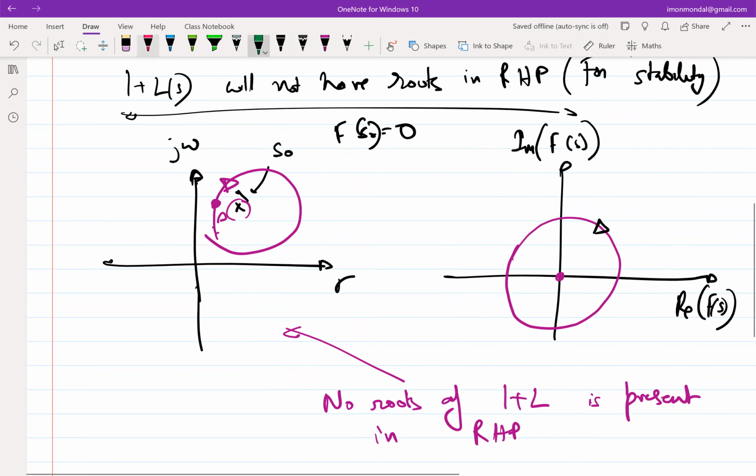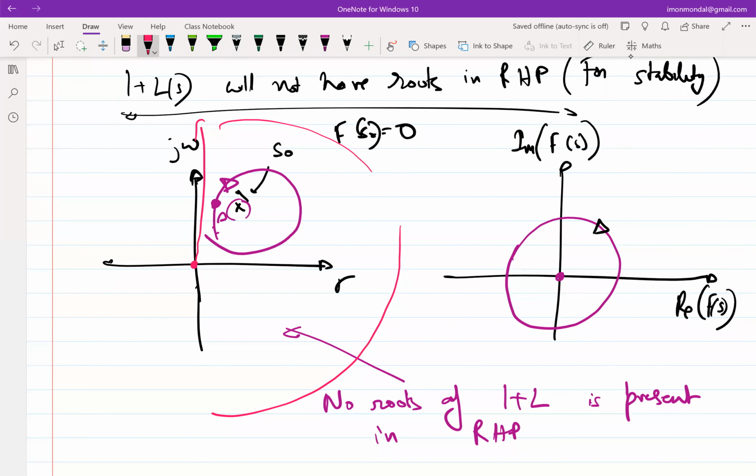One convenient way is to start from the center, go all the way to infinity, make a semicircle, and come back. Fine. And then I will see whether there is any possible encirclement of the origin.